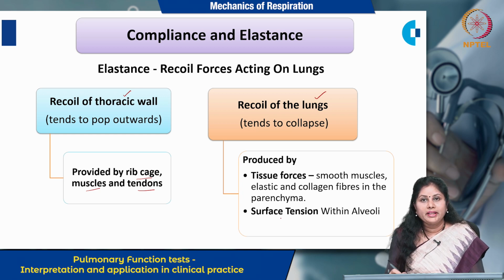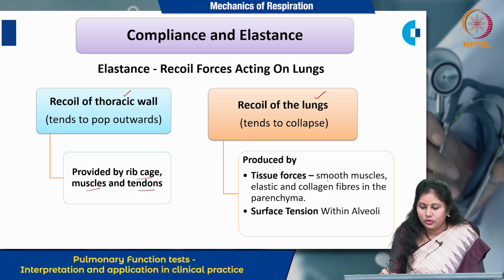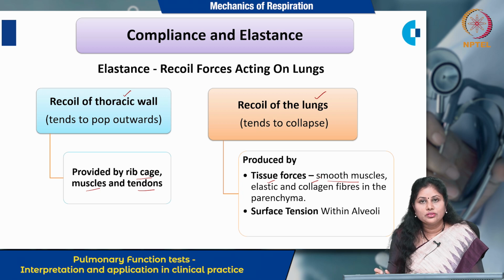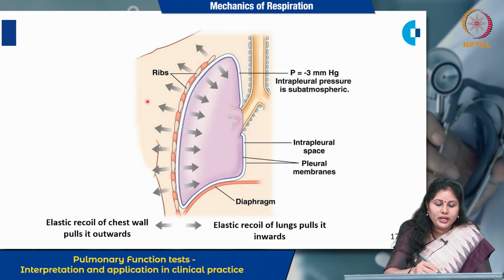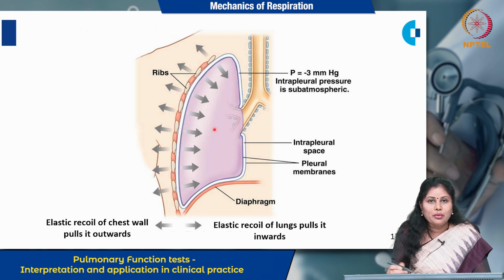This is provided by the tissue forces, which include the smooth muscle tissue, elastic and collagen fibers present in the lung parenchyma. The other important force is the surface tension, which is present within the alveoli. We just saw how the ribs pop outwards, whereas the lungs tend to collapse inwards.